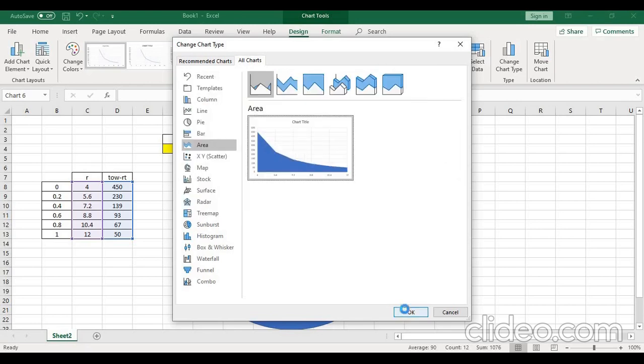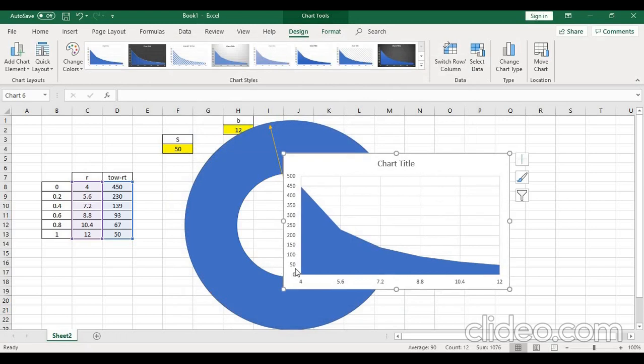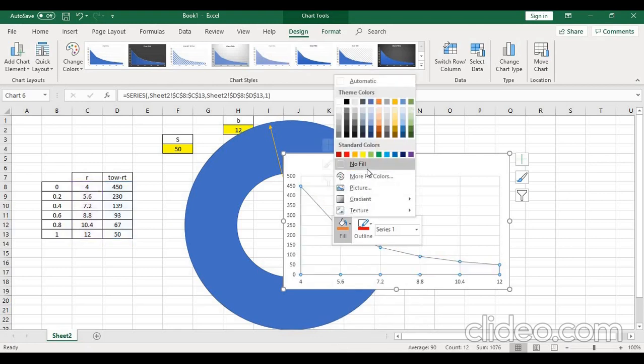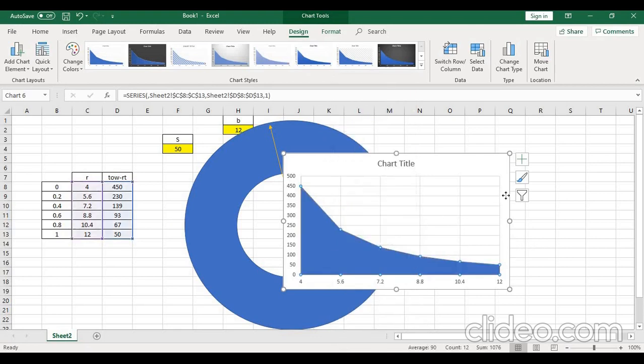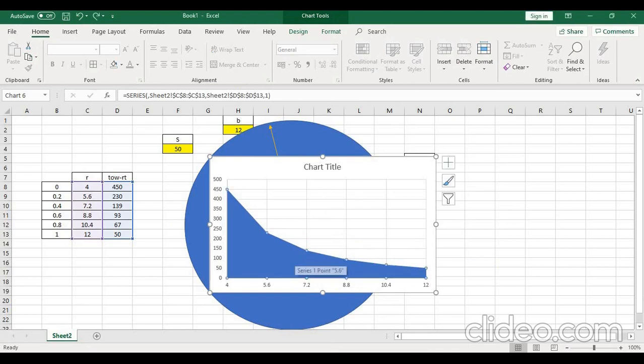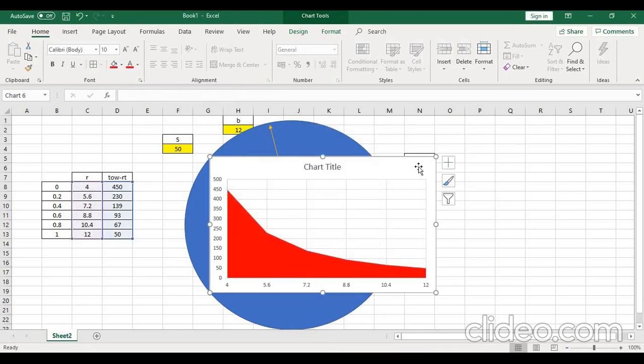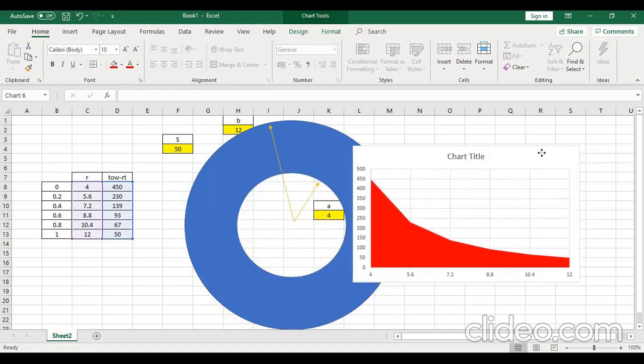Let me change the fill of this. Let me give it a green color, move it to this side.